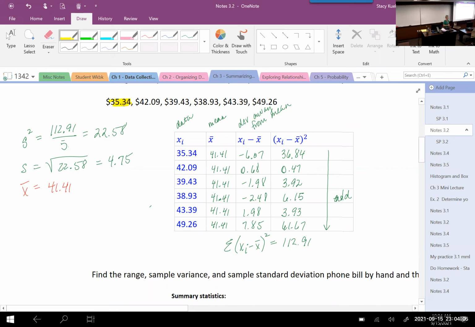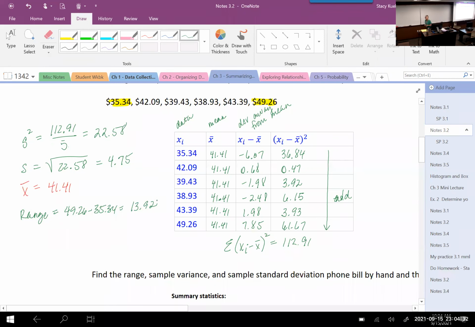Is that the right number? All right, what's the largest value that we had in that set? 49.26. Take the difference in those two numbers, and you get 13.92.